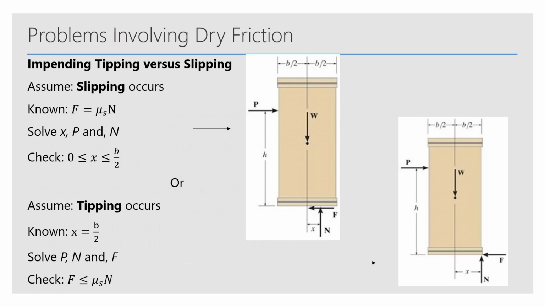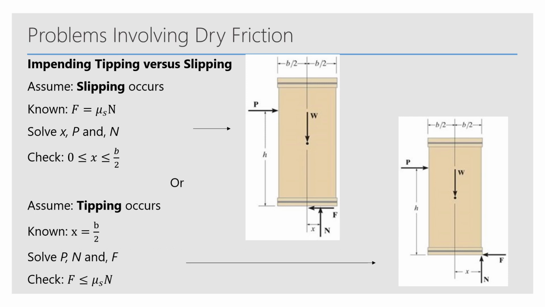So your assumptions will end up looking like one of these two. If we're assuming that slipping occurs, we assume that we know what the frictional force is. We'll solve for x, P, and N, and then we'll check using that x distance to see that it is in between the b over 2, which is the width of the object.